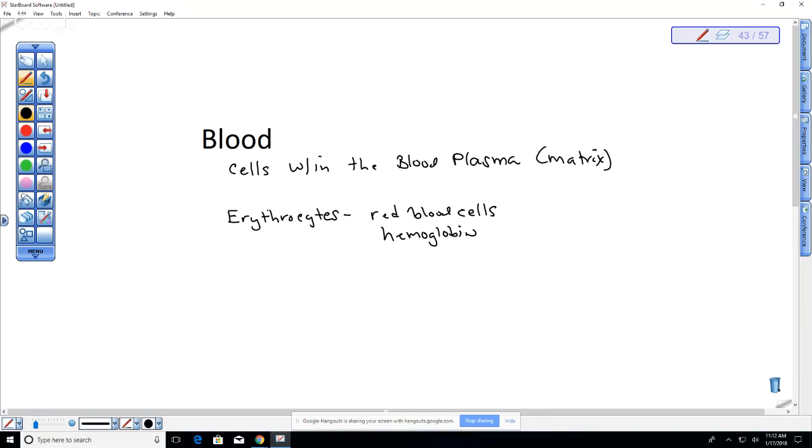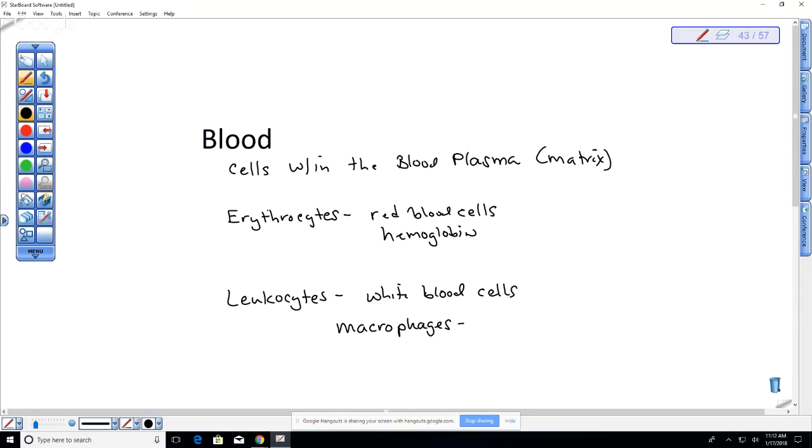We have another type of cell in the blood, however, which are called leukocytes. So these are white blood cells. The white blood cells that you need to be familiar with to understand the next topic, which is inflammation, would include macrophages.